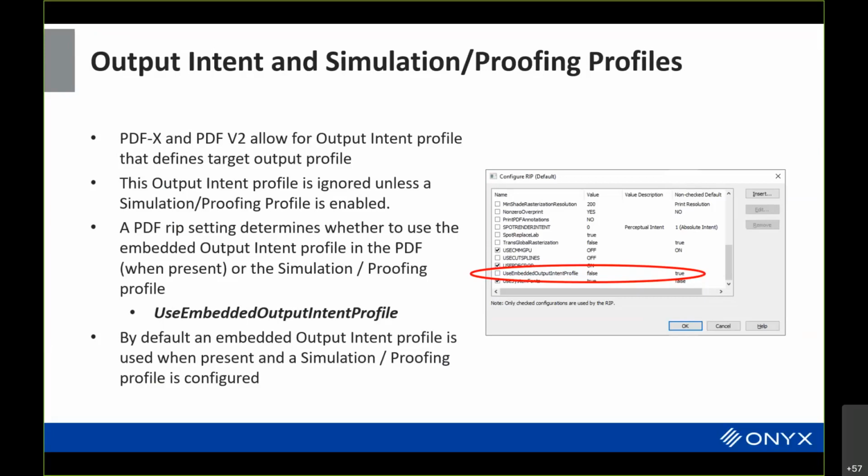The document is intended to be printed on that, and so that's the color management you have. Now, if you turn on a simulation or proofing profile, and you have an output intent profile in a PDF/X file, it will use the profile in the output intent as the simulation proofing profile, which is really nice, because that means you get consistent results relative to the intent of the PDF.